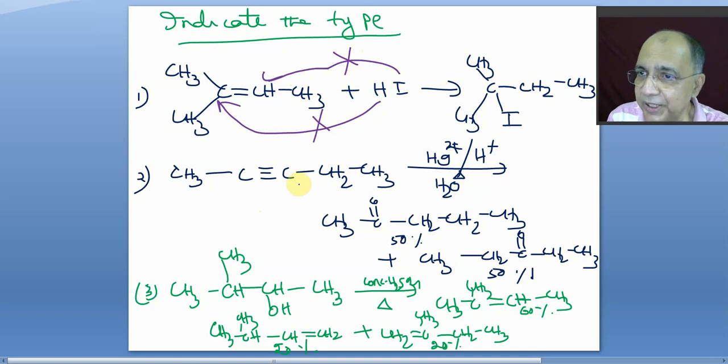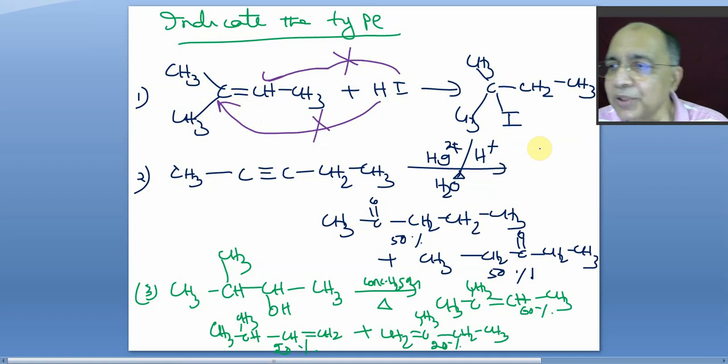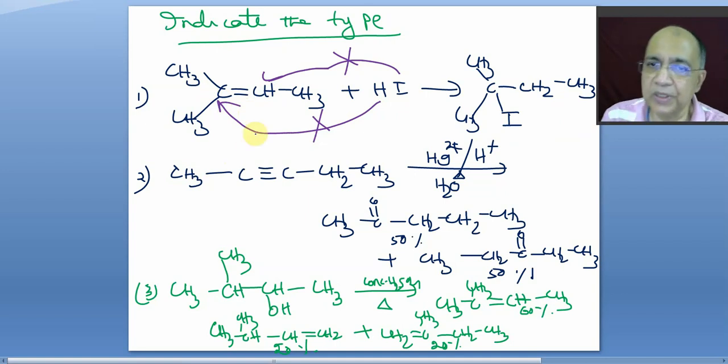There was a possibility, so I call it regiospecific. There are not two reactants, only one reactant, but this is a polar addendum. There can be two possibilities, but the other one is not happening. In that case, I use the term regiospecific. There is nothing to do with stereochemistry.